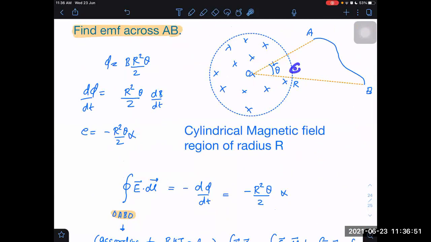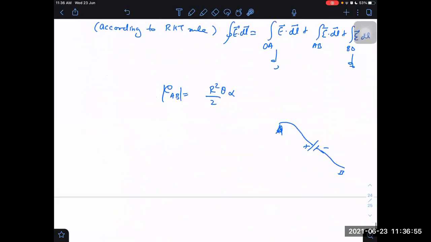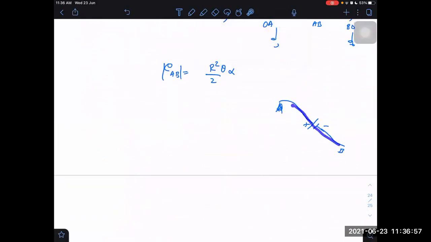Yes, sir. It will try to send current from B to A, so it is the right direction. This is the equivalent diagram: r square theta by 2 into alpha. That is EAB magnitude wise.